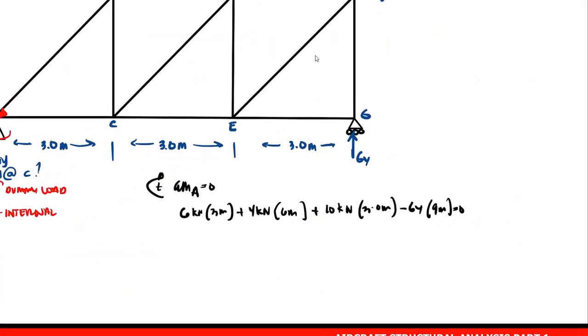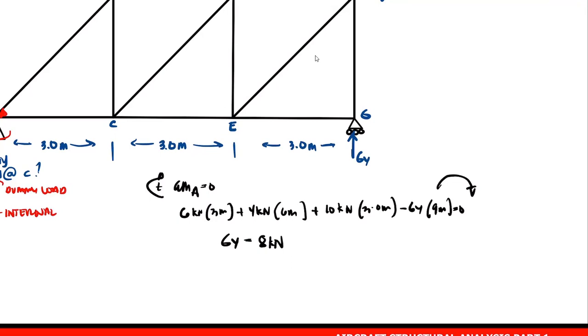Okay? So, lipat natin sa kabila yung GY. So, GY is equal to 6 times 3 plus 4 times 6 plus 10 times 3. And that is 72 divided by 9. So, that is 8 kilonewton.